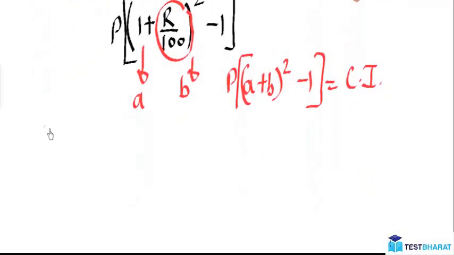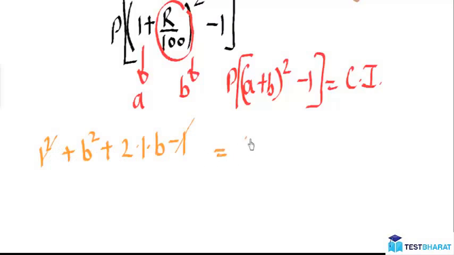So here what I can do is I can write 1 square plus b square, I am taking b as r upon 100, plus 2 into 1 into b minus 1. 1 square is 1, so 1 minus 1.